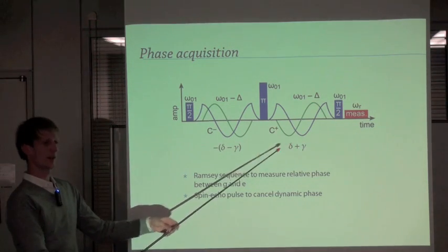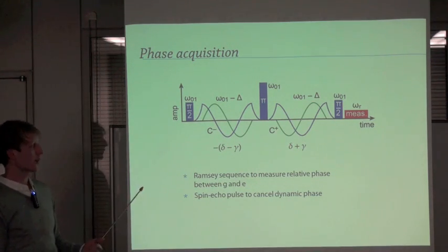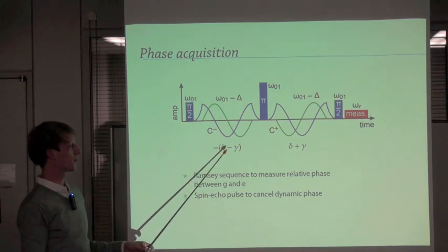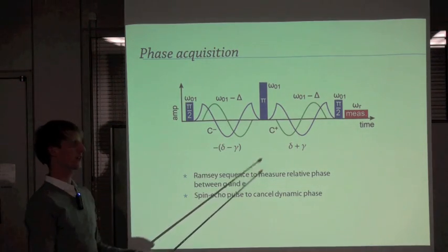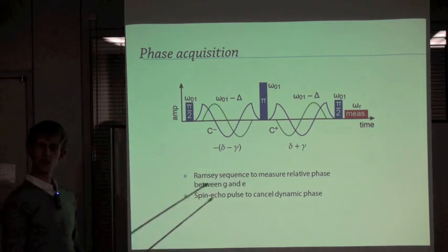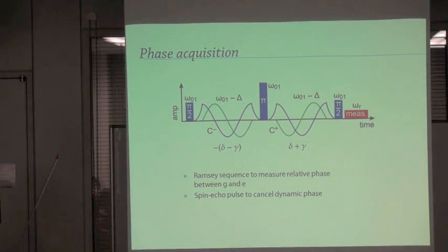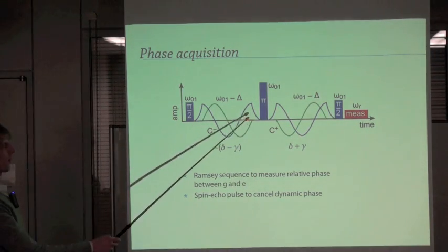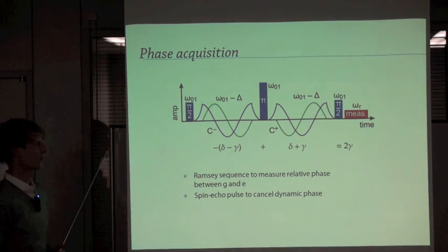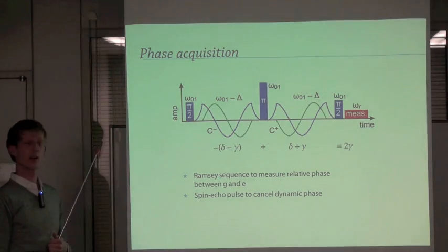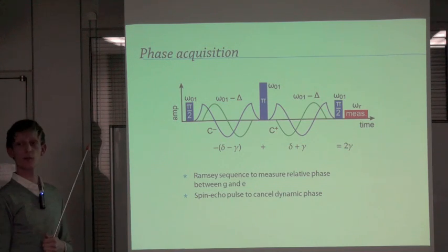We do it again, but in the other direction. What will happen is that the geometric phase changes its sign. So we have a minus here and a plus here. And the dynamic phase keeps its sign. So that when you do a pi pulse in the middle, the dynamic phase just drops away. And what stays is only the geometric phase.